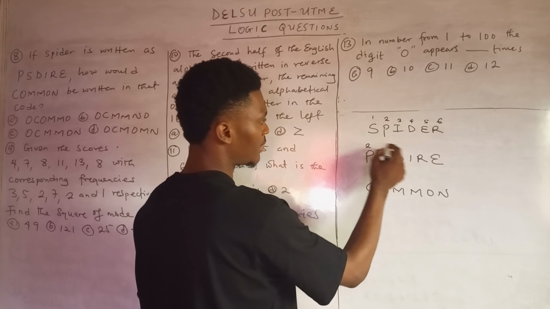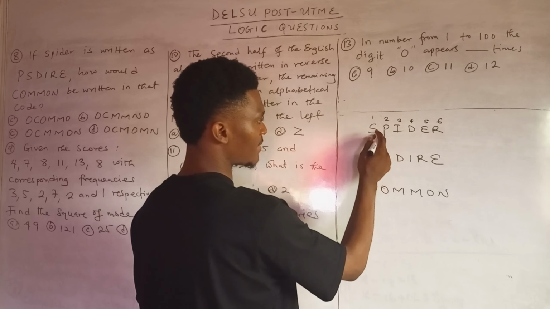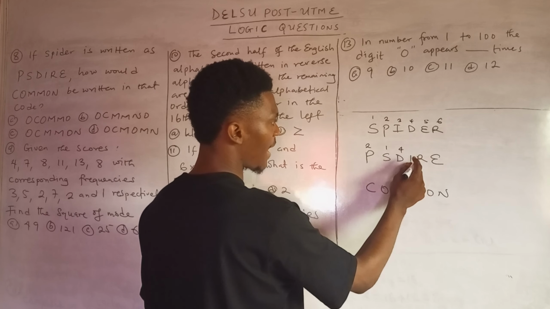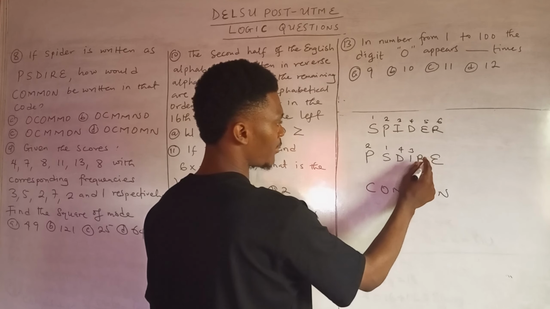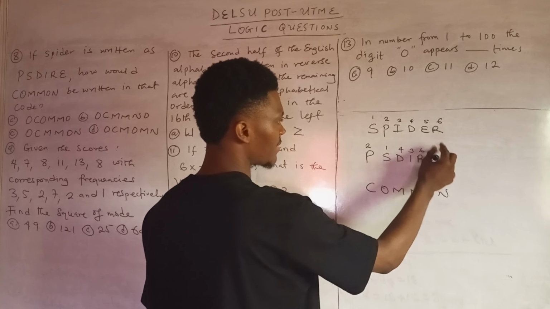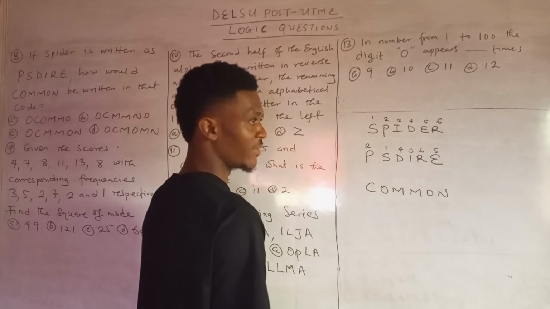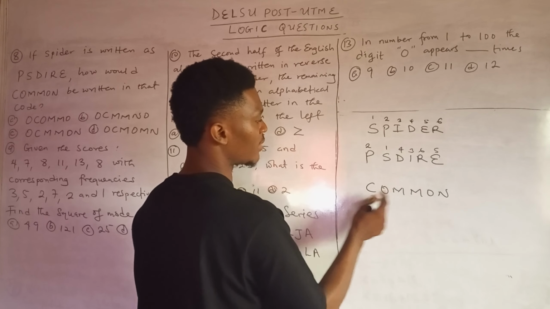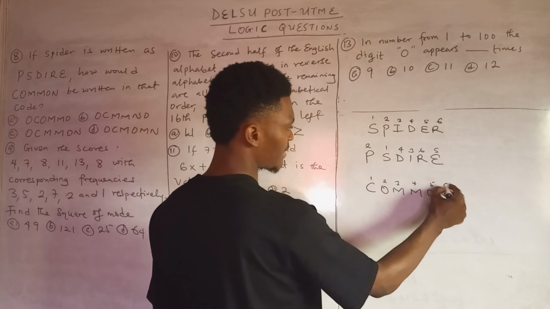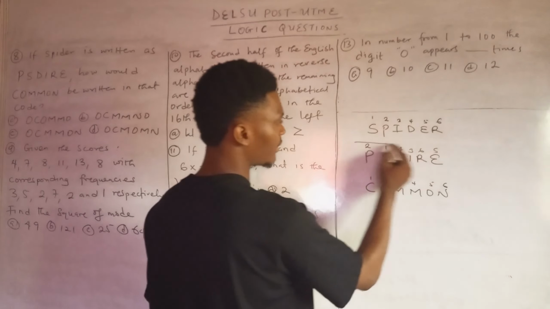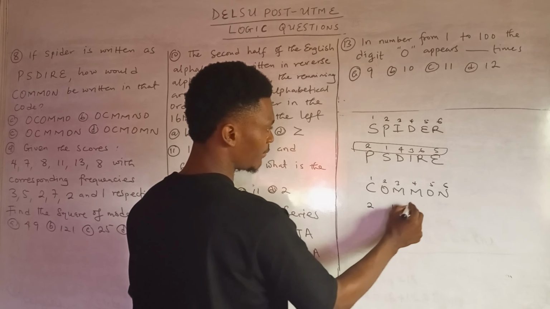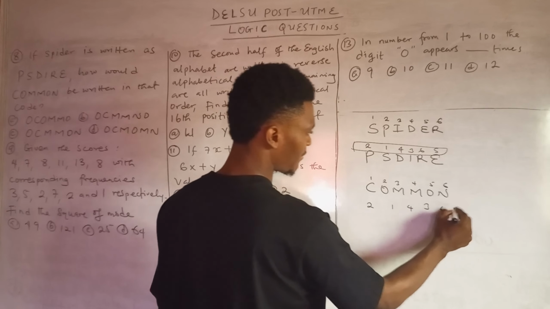P is 2, then position S is 1, position D is 4, then position I is 3, then position R is 6, and position E is 5. So you see the work is now very, very easy. So if we are numbering this one, it becomes 1, 2, 3, 4, 5, 6. So we have to take the order in this pattern. That is 2, 1, 4, 3, 6, 5.